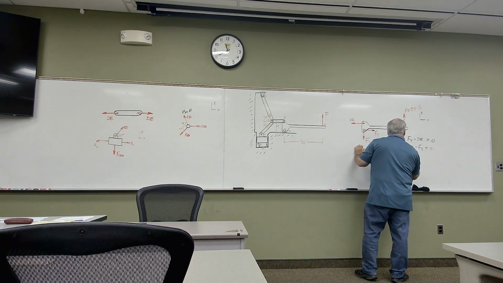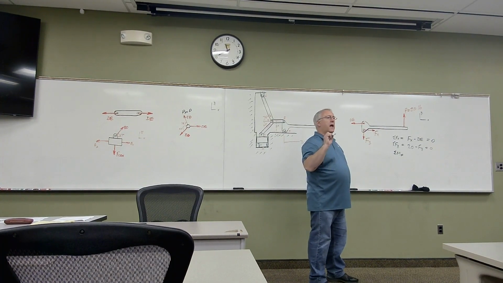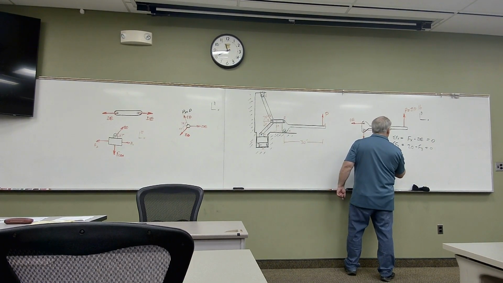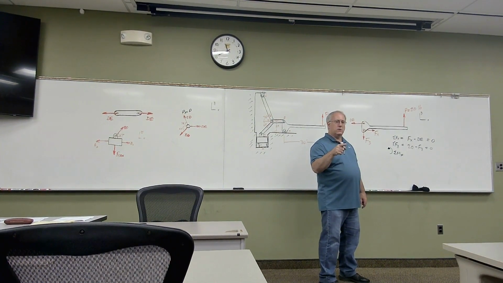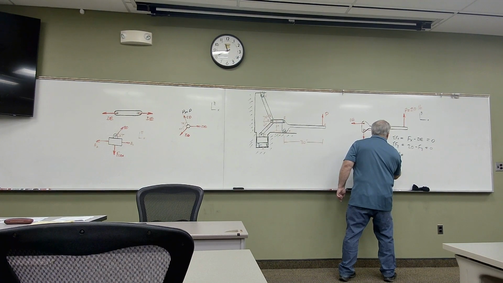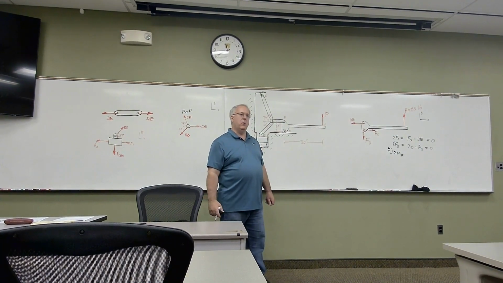Sum moments about point F, and I need to do something here, and we're going to do this every time in this course. When we start to write a moment equation, we're always going to add this little symbol in here, which is an arrow drawn in the counterclockwise direction, because we're going to remind ourselves that any moment that causes counterclockwise rotation is a positive moment.